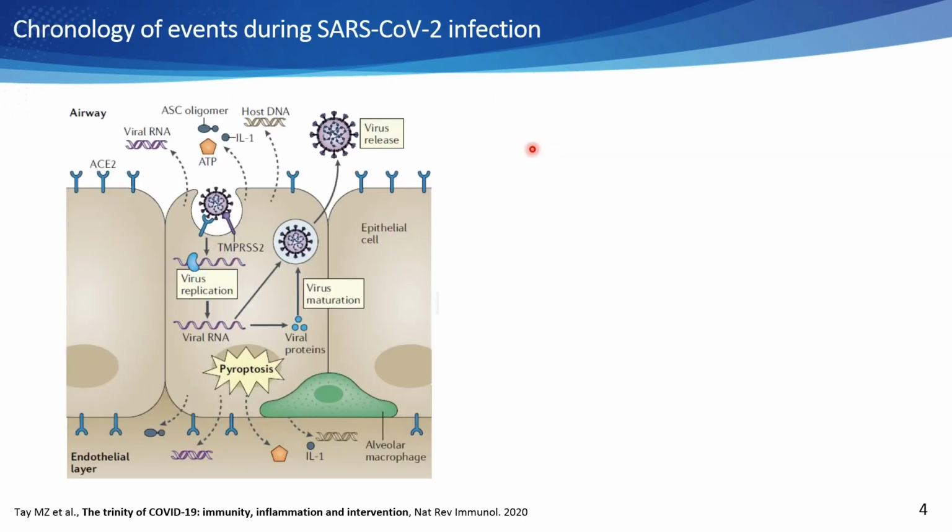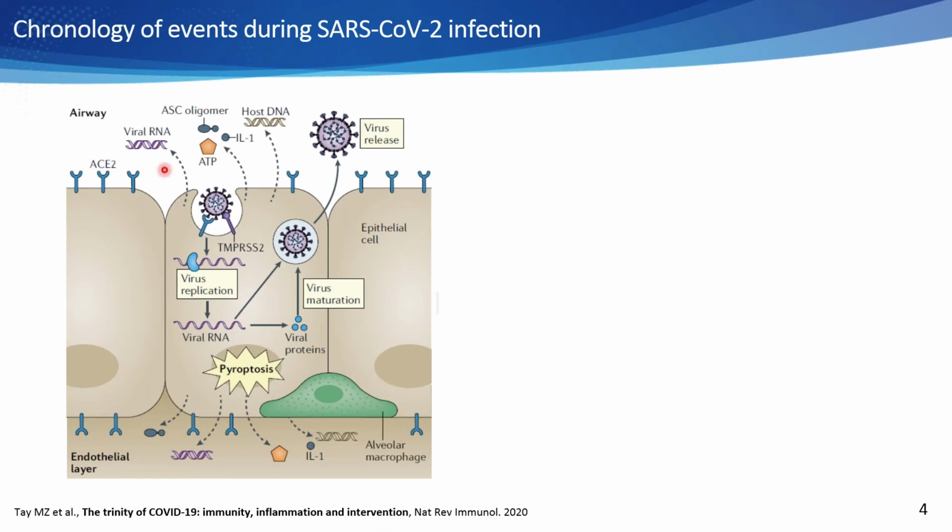So the chronology of events during SARS-CoV-2 infection is depicted in several papers, and I really recommend you read the paper from Tay et al., recently published, where they have synthesized the different events caused by these infections.